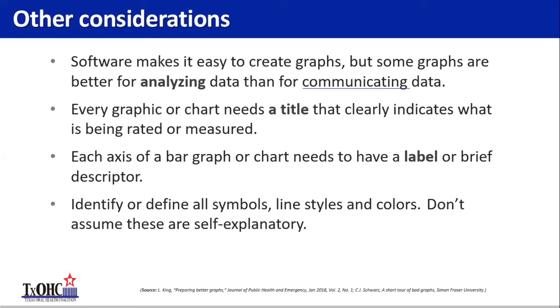Don't make them search, don't make them guess, make it as clear and obvious as possible. And then you want to identify and define all symbols, the line styles, the colors. Again, don't assume that these are self-explanatory. That's an easy thing to say, but it's not always accurate. It's an assumption we really want to avoid making.